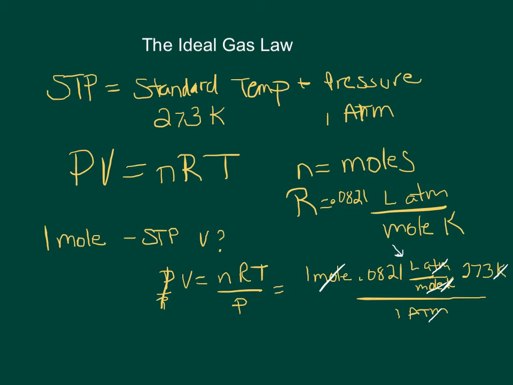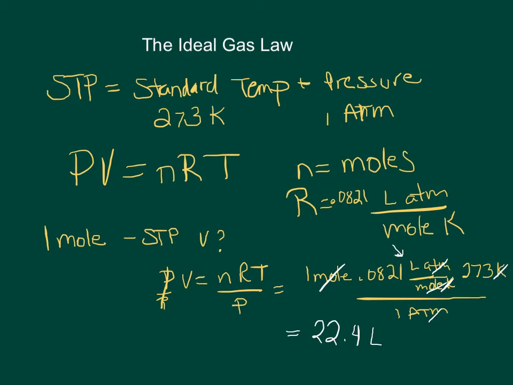So if I go about that math, I take 1 times 0.0821 times 273, divide it by 1, I will get 22.4 liters. And why did I put 3 numbers here?